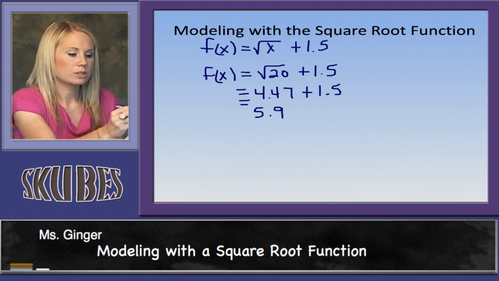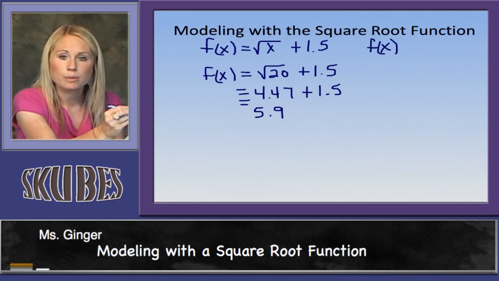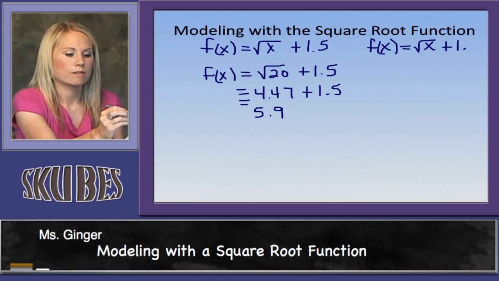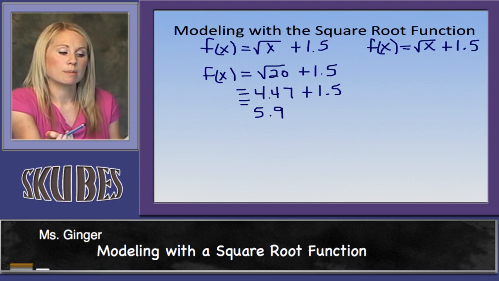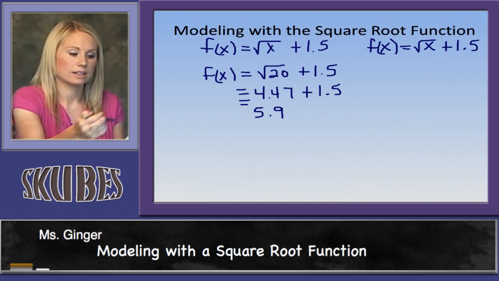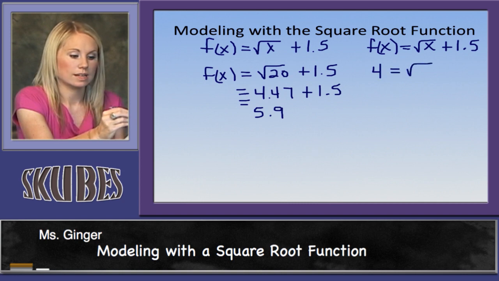All right, and then we also wanted to know the age of a person that would match to a height of 4. So it's very important to remember what our variables represent, because this time we want to put our number value in for y, since y is what is representing height. So we want to find the age, the x, that's matching the y of 4.